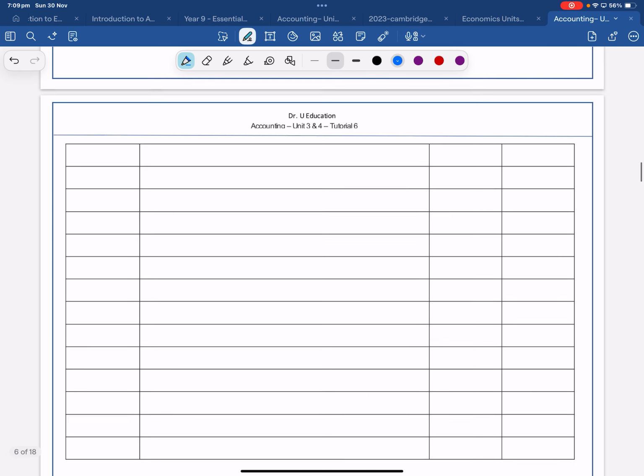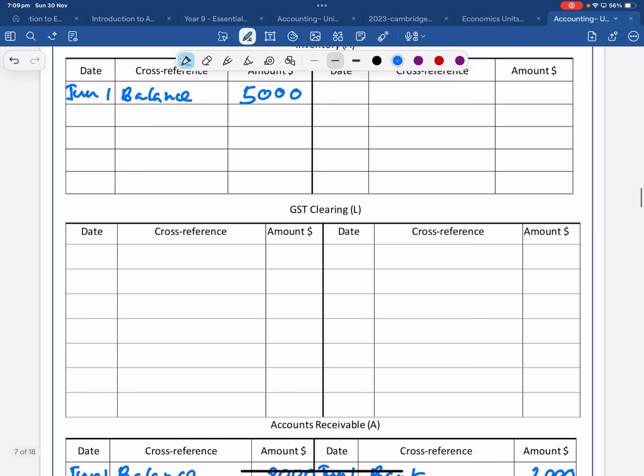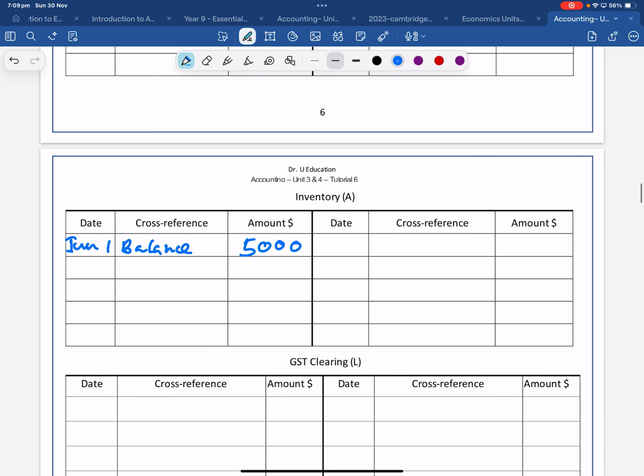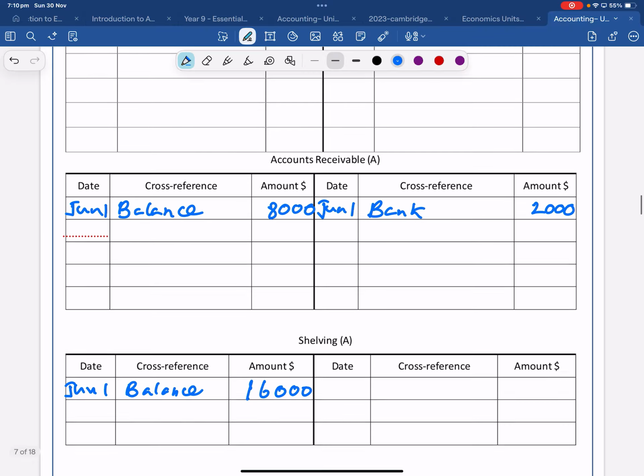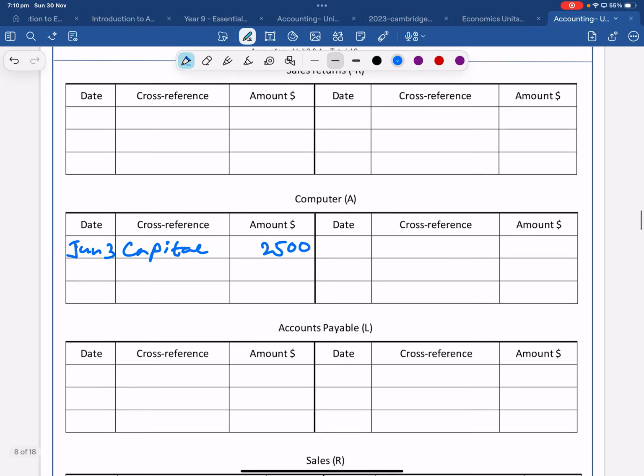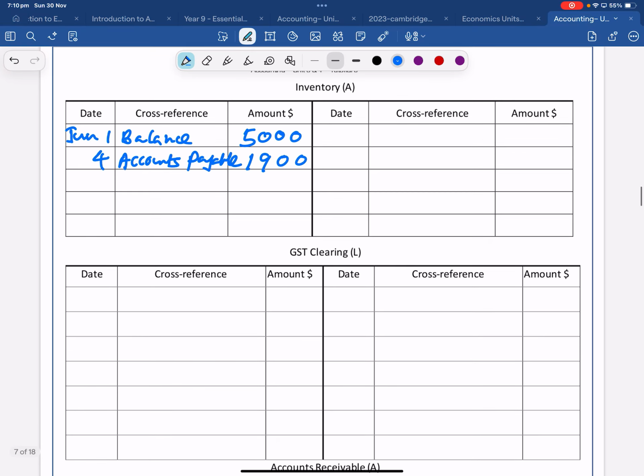Then inventory, what happens, guys? Inventory, we debit 1900 saying accounts payable, then GST, what happens, guys? Sorry, increase, or decrease?